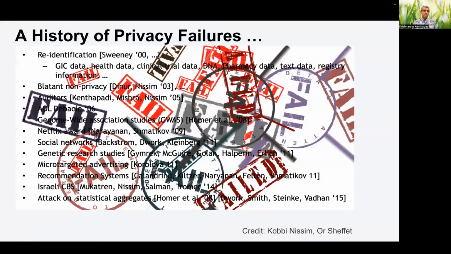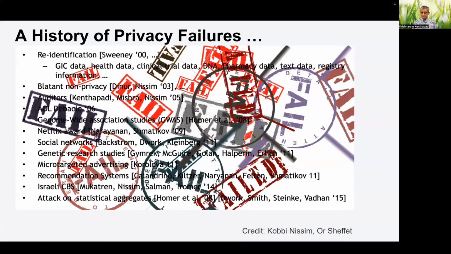At the same time, if you take a different dimension, say privacy, we have seen a variety of settings where privacy failures have occurred, at least over the last 2 decades, if not more. These have ranged from re-identification attacks to attacks on auditing, attacks on web search logs, attacks on Netflix challenge data sets, social networks, genomics data sets, recommender systems, and so on.